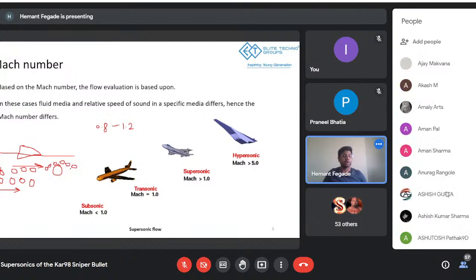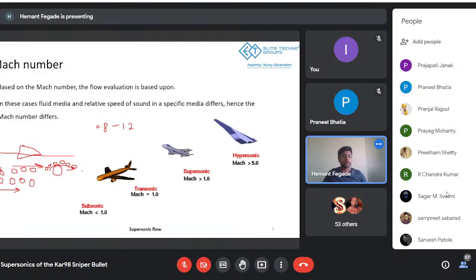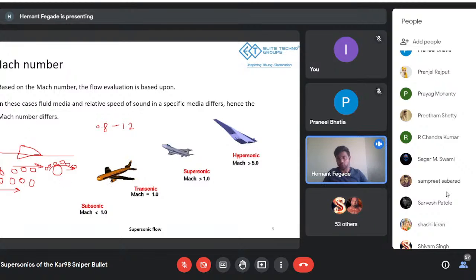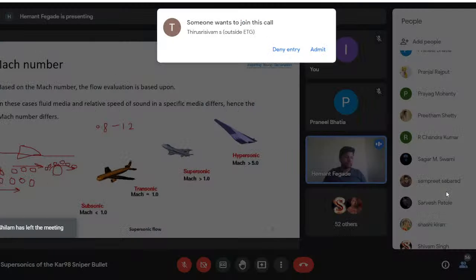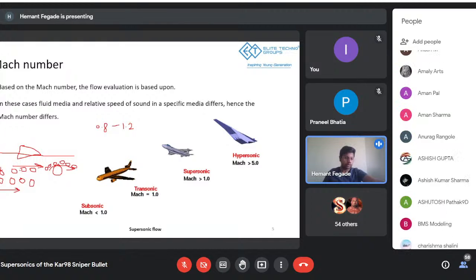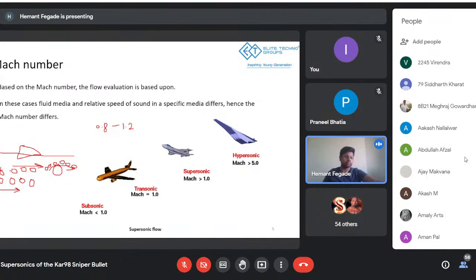Okay, but this transition is due to the slower speed. It gives these particles enough time to adjust to the frontal obstacles. But when you talk about higher speeds like transonic and supersonic speeds, there's not enough time, and these fluid particles cannot anticipate what is coming in front of them, due to which they gather together.